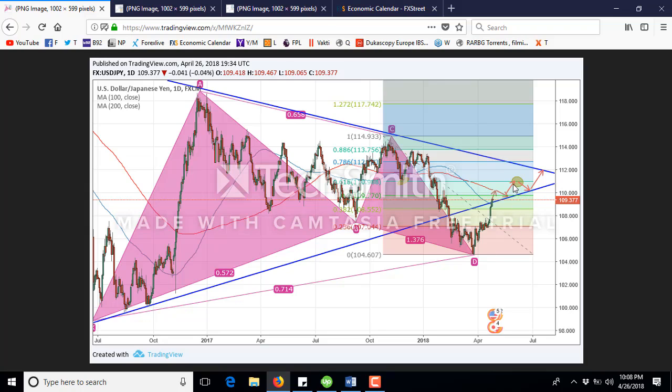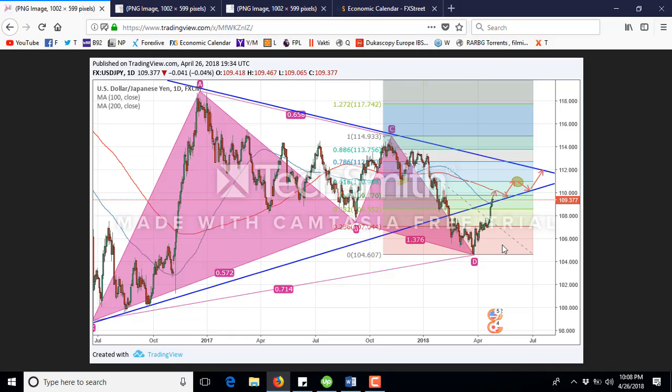And then we may continue lower again to the trend line and then continue, or what can happen here is we return first time and then immediately continue to 112, to the big trend line on the higher side now. So it's some kind of a triangle. The dollar yen was in some kind of a triangle. It went outside and now it's coming back inside.